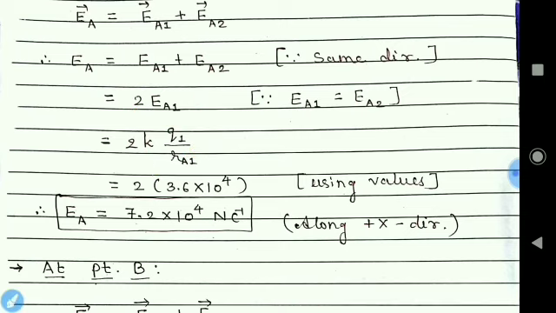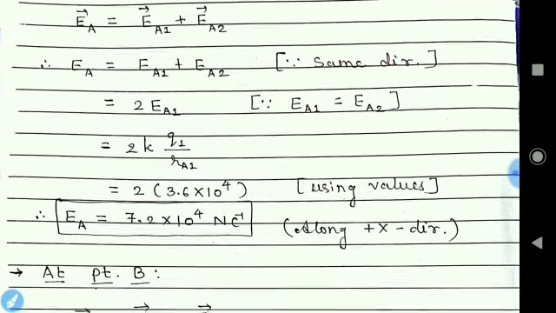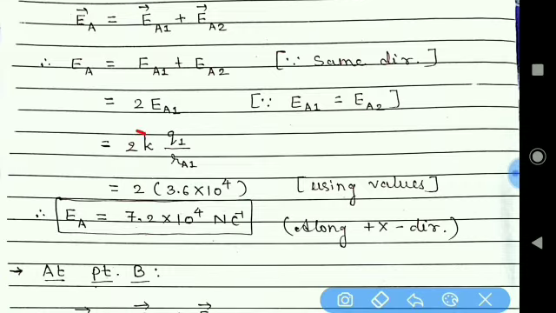Now value of K is known to us. It is 9 into 10 raised to 9. Magnitude of charge is given. Also the distance is given.